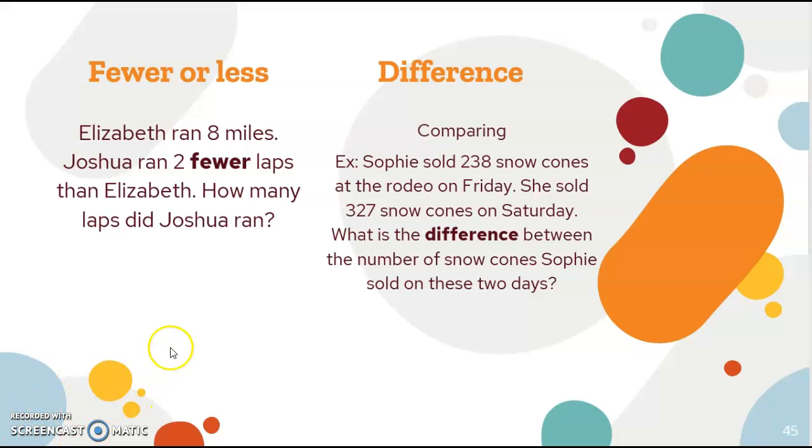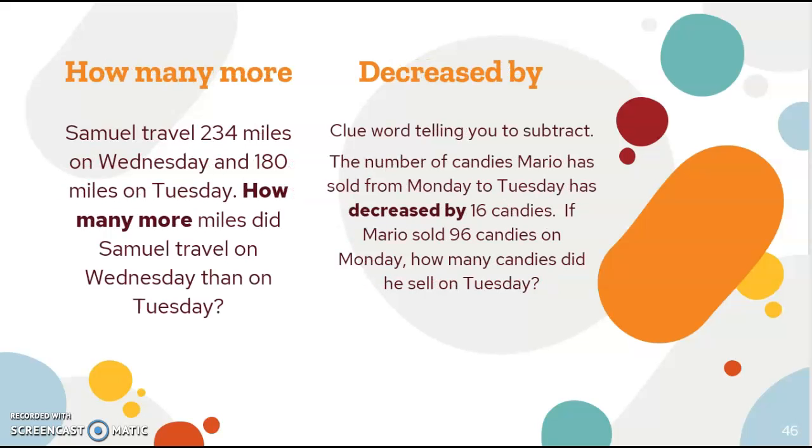Difference is the answer to a subtraction problem. How many more? Again, that is a clue to let you know that you're comparing. For the example that we have here, it says that Samuel traveled 234 miles on Wednesday and 180 miles on Tuesday. So we're trying to compare how many more miles he traveled on Wednesday than on Tuesday.